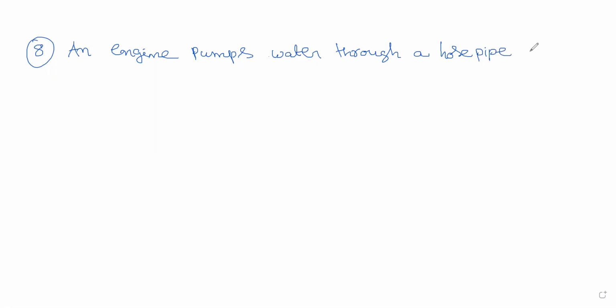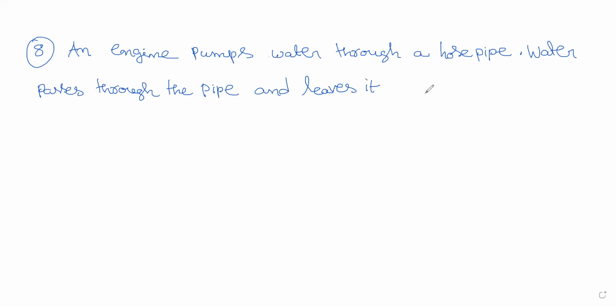Water passes through the pipe and leaves it with a velocity of 2 meter second inverse.